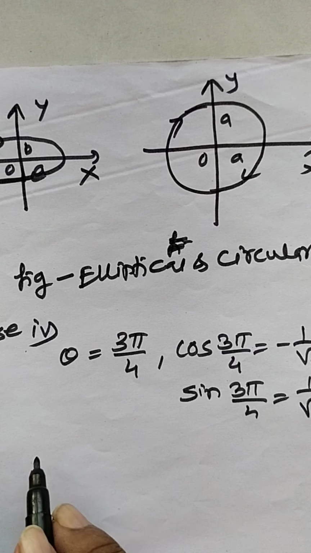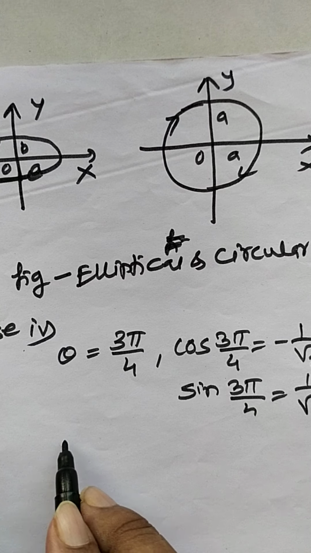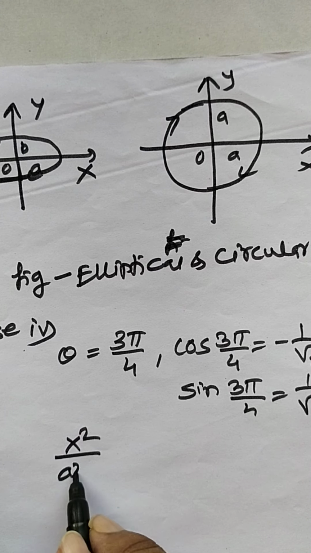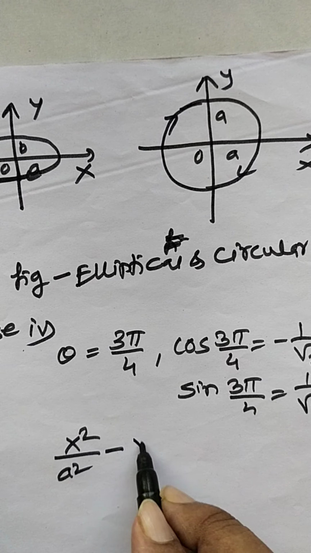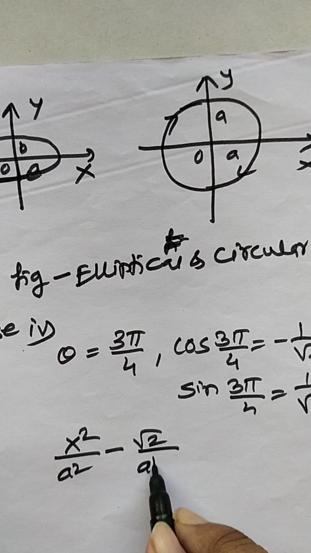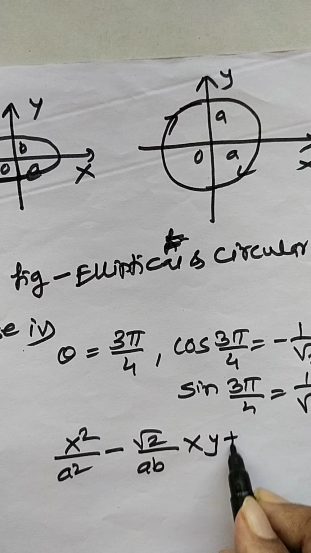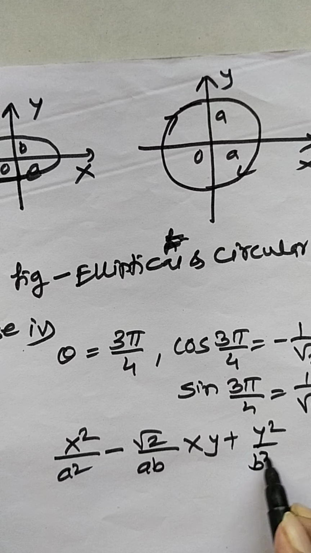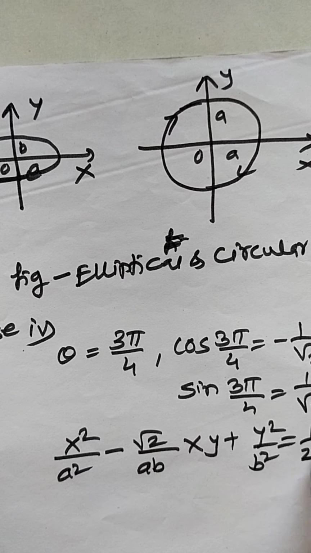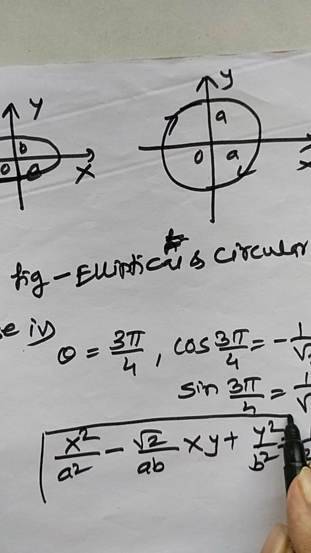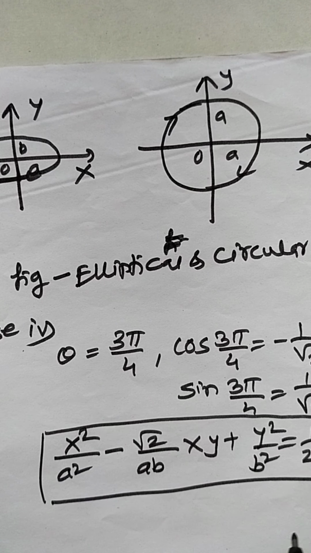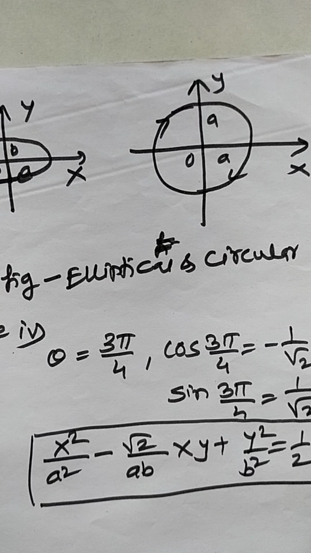And so the equation 4 becomes x squared upon a squared minus root 2 upon ab into xy plus y squared upon b squared is equal to 1/2. So here this is the equation number 8.